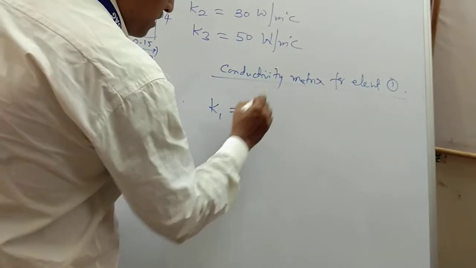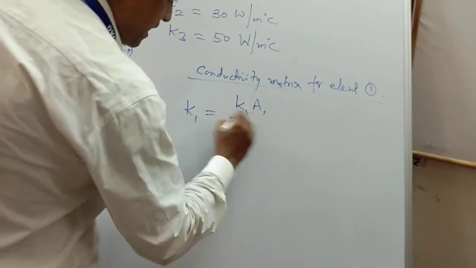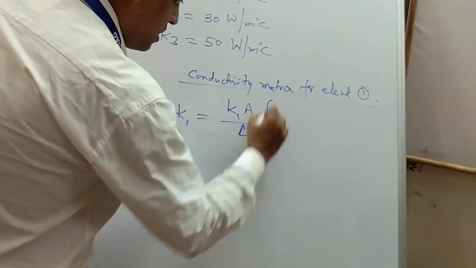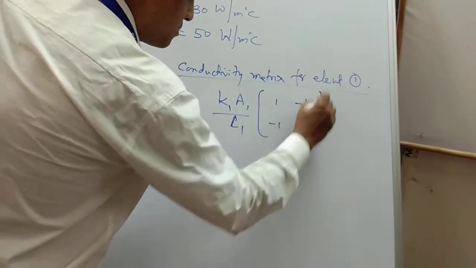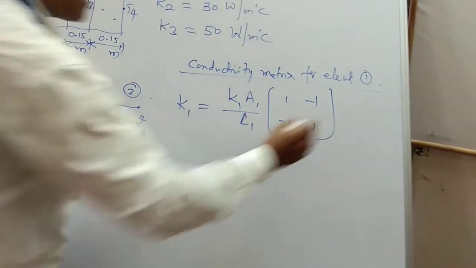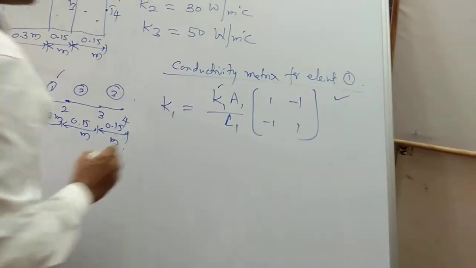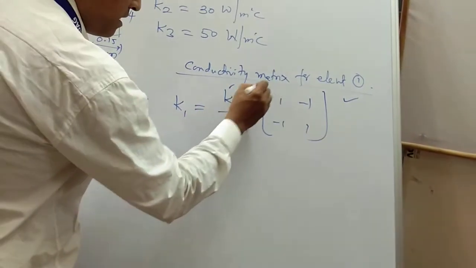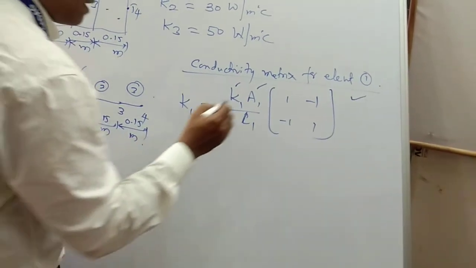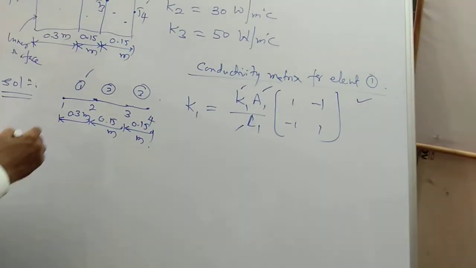Now for K1, we know the formula K1 A1 by L1 into [1 -1; -1 1]. This is the conductivity matrix where K1 is the thermal conductivity of the material of the element, A1 is the area and L1 is the length of the element.